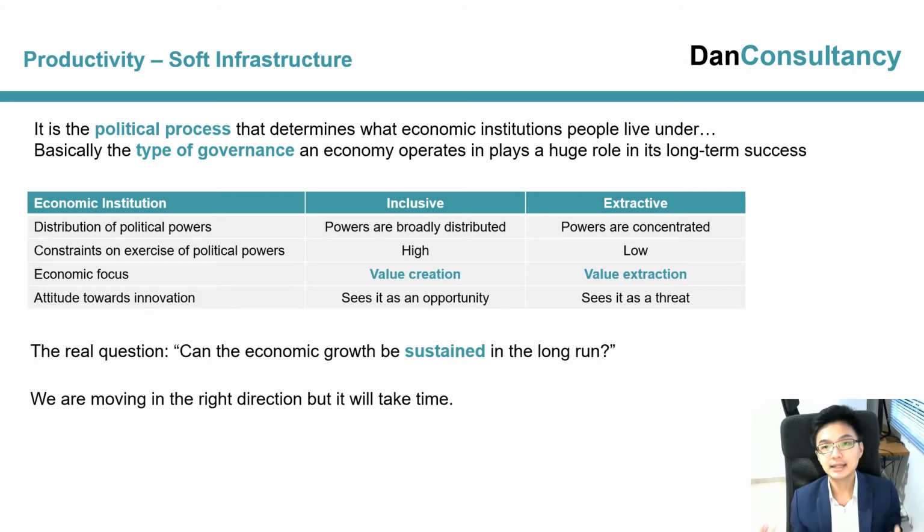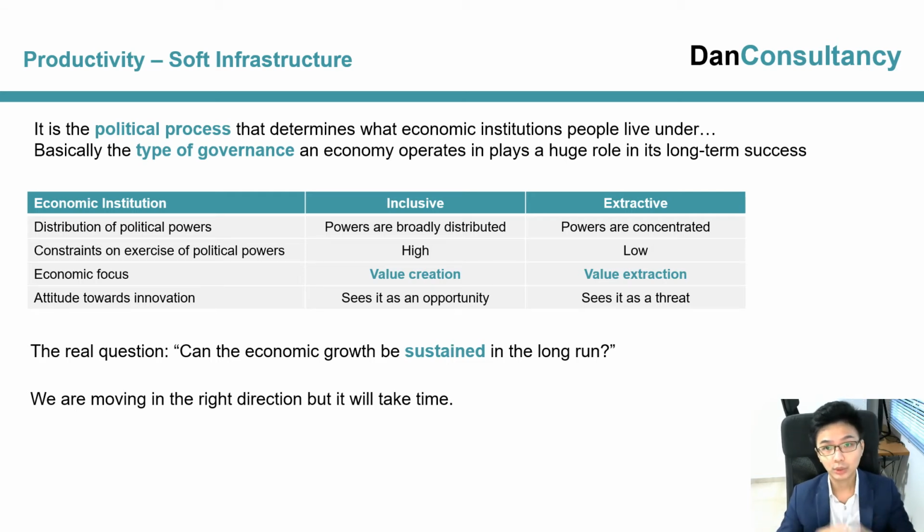And while there are signs of countries moving towards a more inclusive model, these changes take time, and these changes are often met with periods of violence and a high degree of uncertainty. Okay, for the case of Asia, I personally feel that we are progressing in the right direction in becoming more inclusive on a regional level, though I doubt we'll ever see a day where countries within Asia are fully inclusive, right?